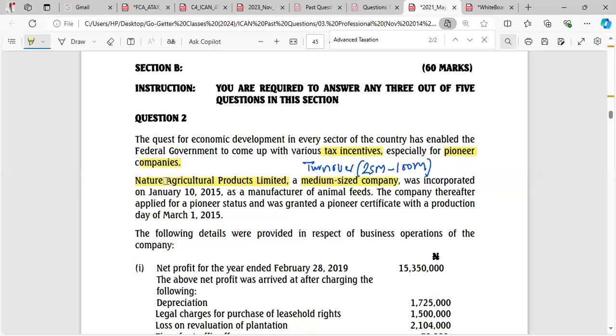Now, this is an agricultural company. Because it is an agricultural company, the capital allowance is not restricted.